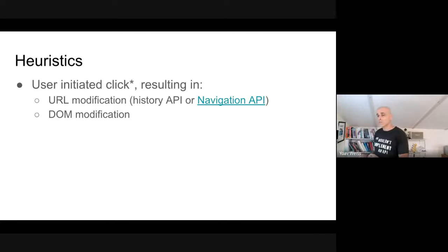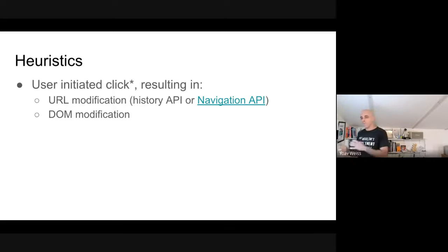So the current heuristics are based on a user-initiated click, for some definition of click that we'll talk about in a bit, that is resulting in both a user-visible URL modification to the history API or the navigation API, and then a DOM modification. Both of those are a direct result of the user-initiated click.